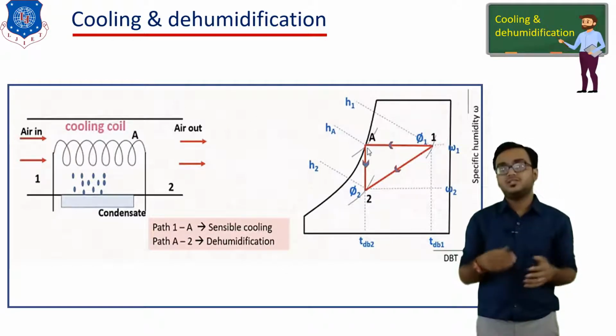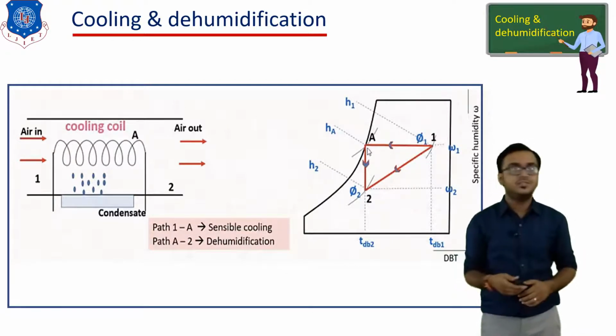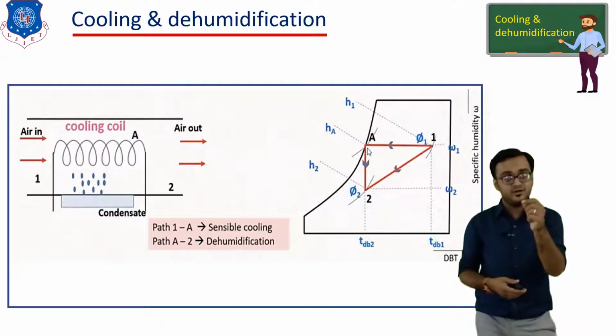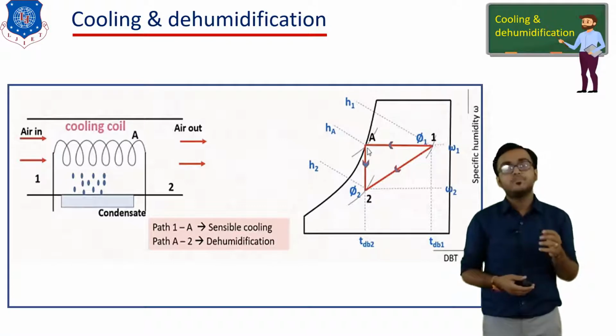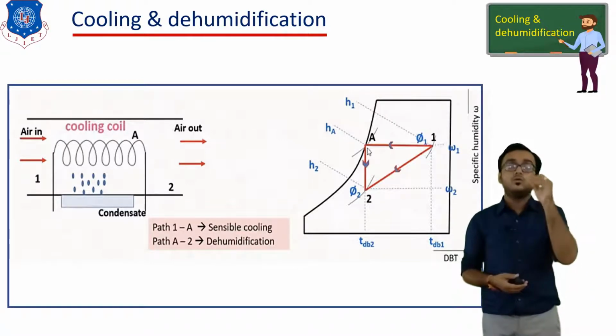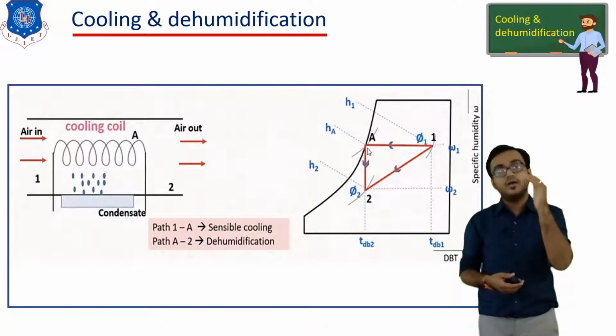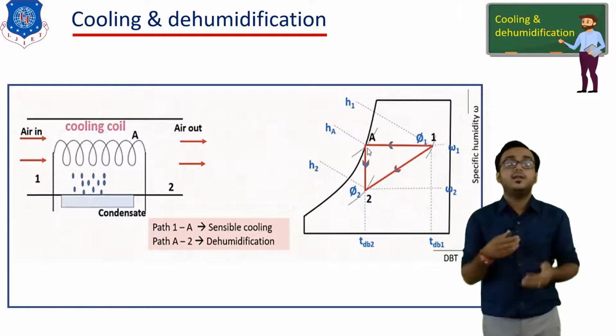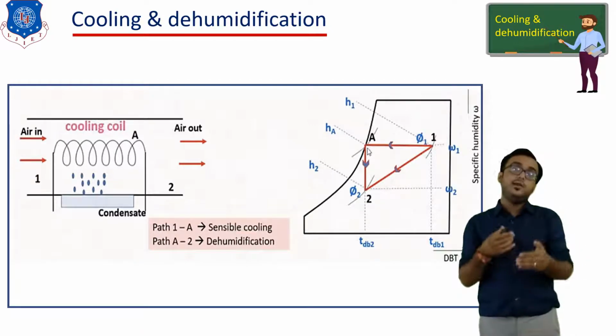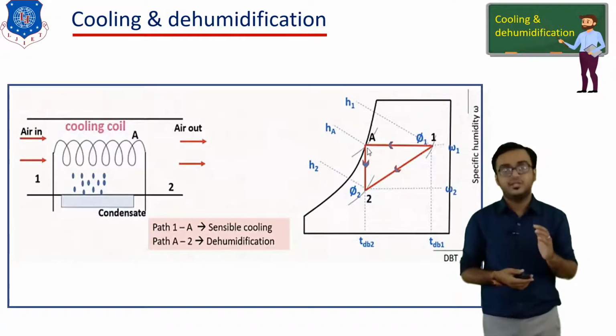Recall my previous lecture, I told you the dew point temperature is the temperature at constant pressure at which the moisture starts to condense. So in order to remove the moisture from the air, we need to maintain the cooling coil surface temperature equal to or less than the dew point temperature.